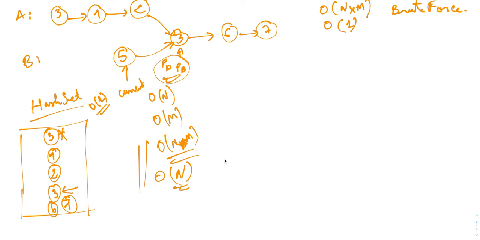Can we have an algorithm with O of 1 space complexity and still have O of n plus m time complexity? And the answer is yes. Now let me explain the last solution.